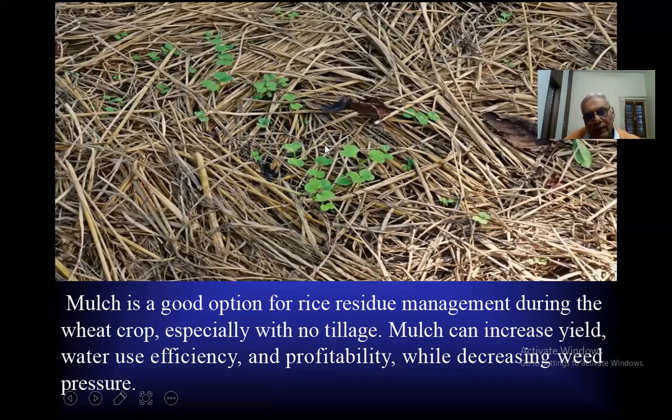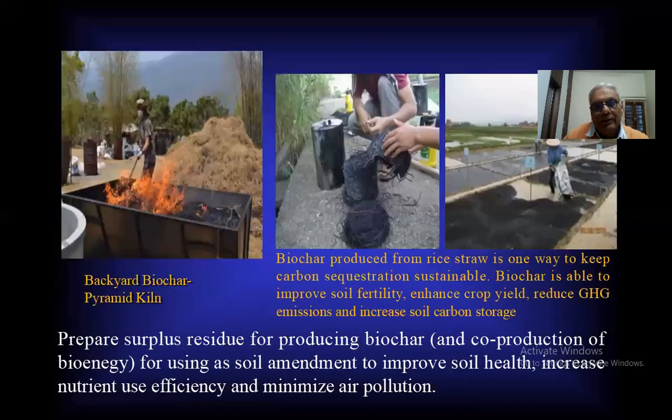So we have to apply lesser irrigation and we are getting more profit. And also there is less weed pressure, so the cost of labor for weeding we can also save. So we are getting more profit per unit area and time.